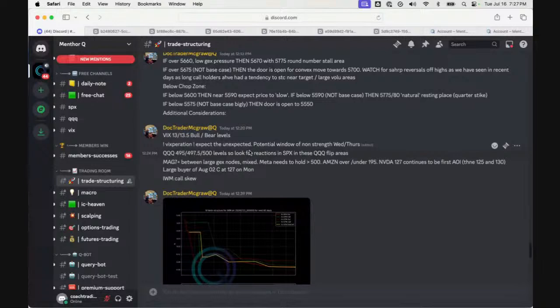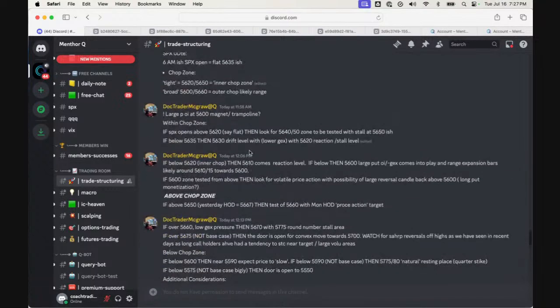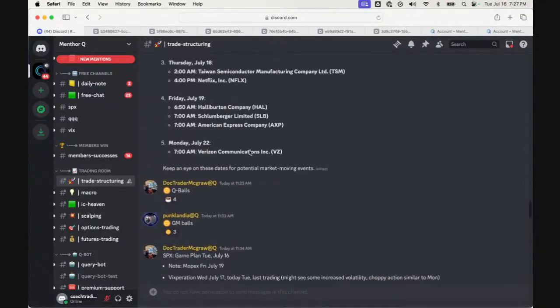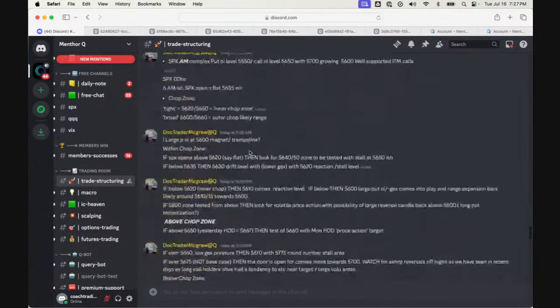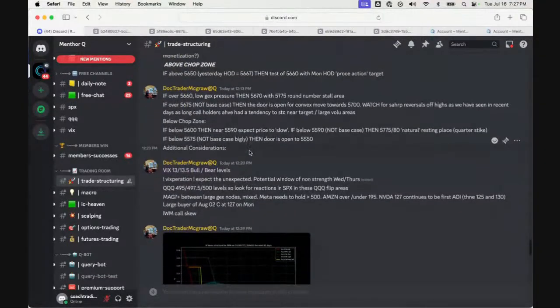If you look at what I wrote in the morning, at 5 or 6 a.m., if we scroll up to the "if above" chop zone, excuse me. Okay, above chop zone.